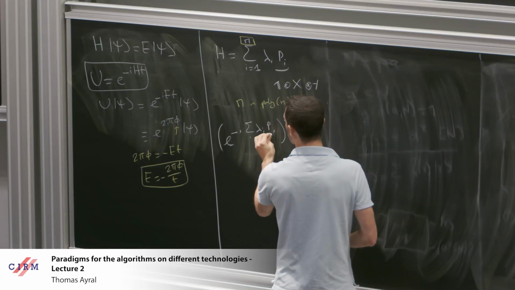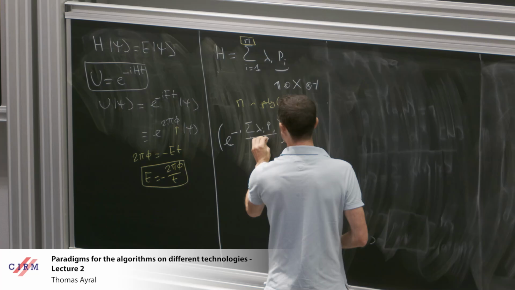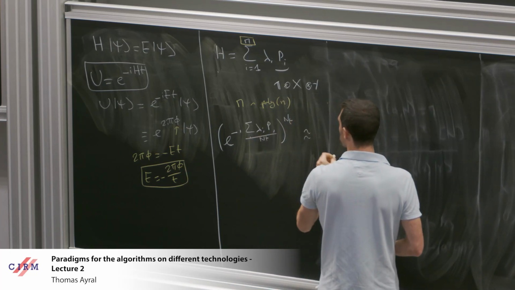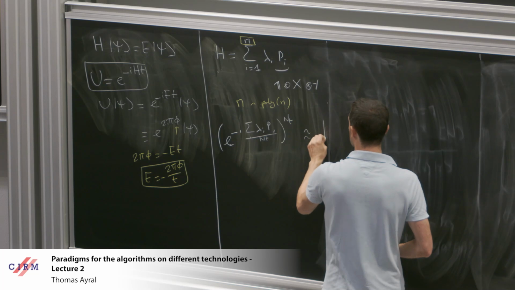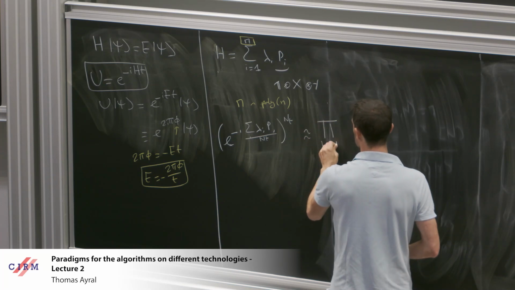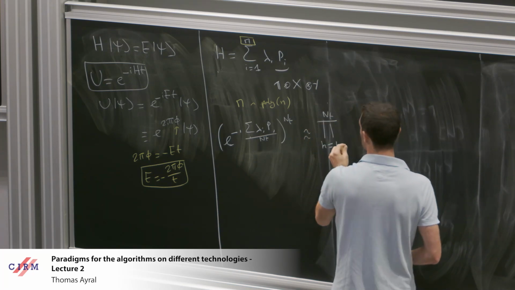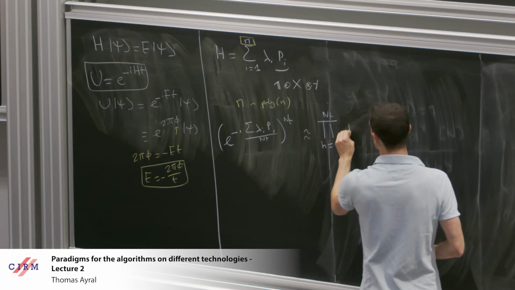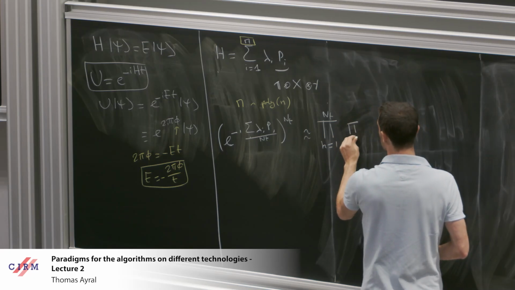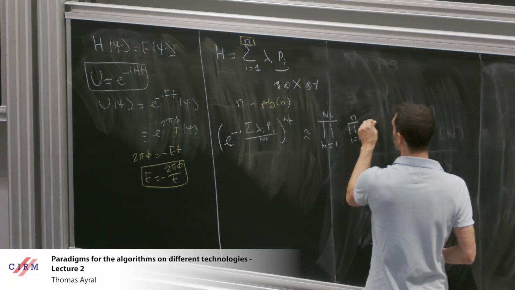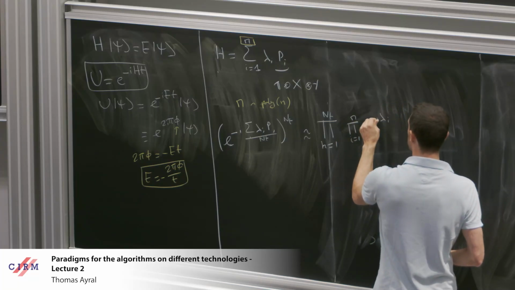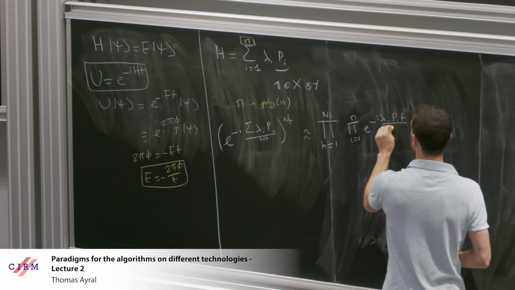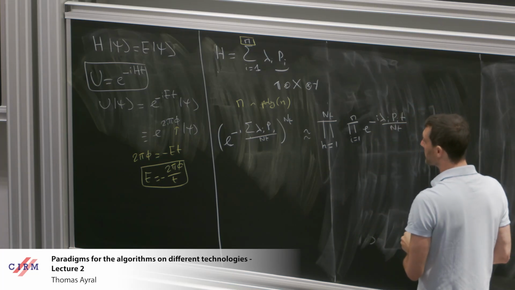So I'm going to divide and multiply by N_T. And now I'm going to make an approximation that this is in fact the product from k equals 1 to N_T of the product over i from 1 to M of exponential of minus i lambda_i P_i t divided by N_T. So here I did an approximation.